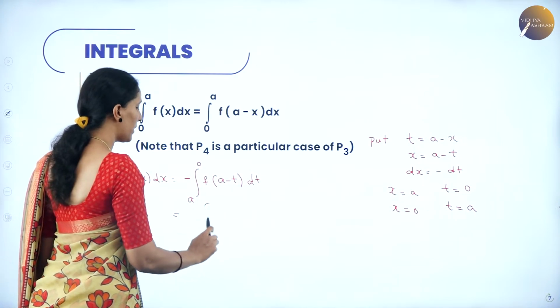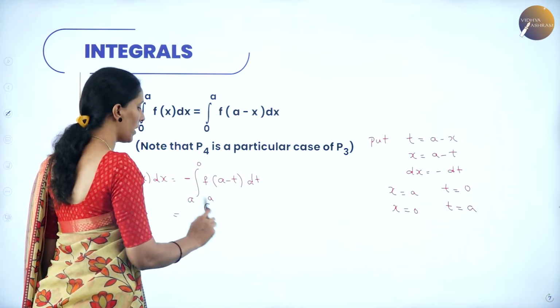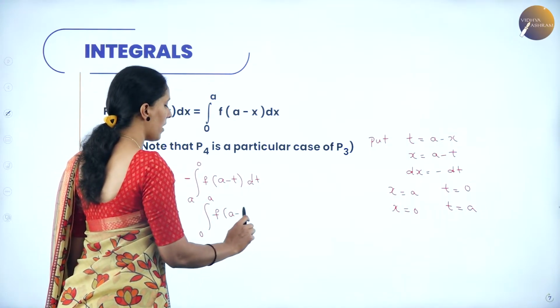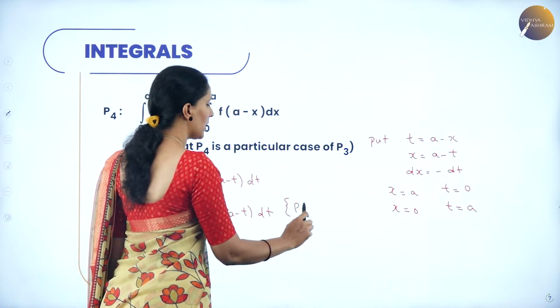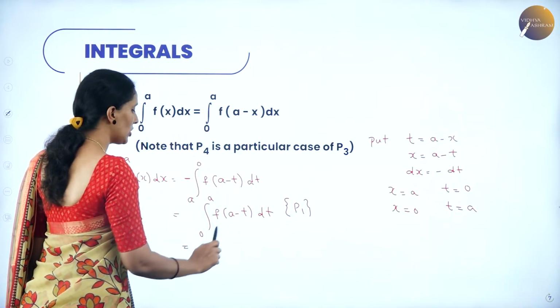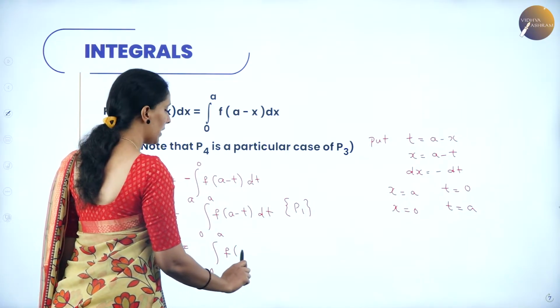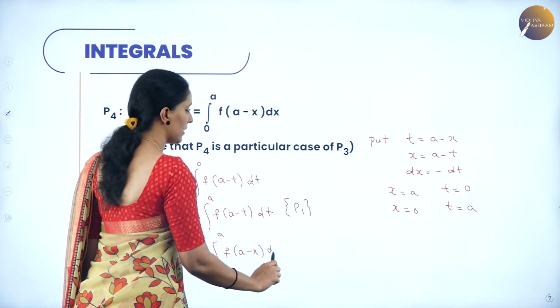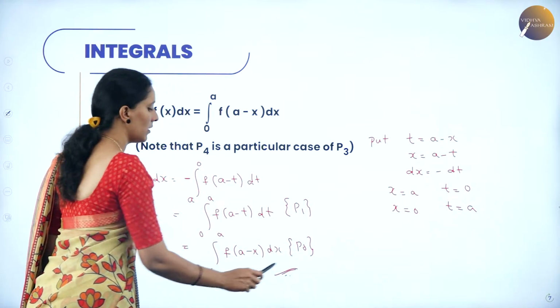Again, using the properties of integrals, from a to 0, I can change to 0 to a to make it positive. We have f of a minus t dt. Okay, so this is using property number 1. Now again, change the variable using property 0. So then it becomes f of a minus x dx. So using property 0, this is the proof.